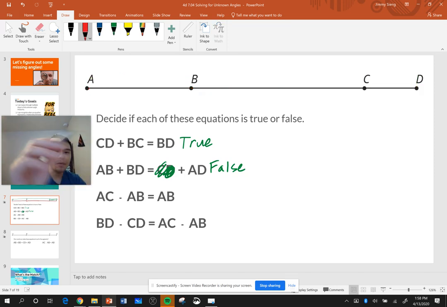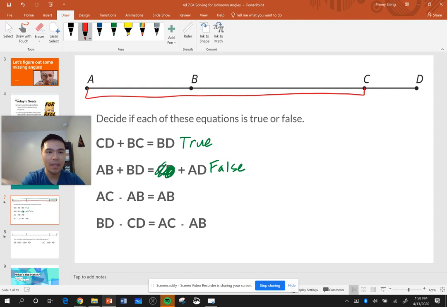Let's go and look at this next one. Now I have AC minus AB. Let me try using two colors, okay? AC, you see that's that longer part. AB is that smaller part. If I take that segment AB and cut it off from AC, what looks like is remaining? That looks like it should be BC, right?